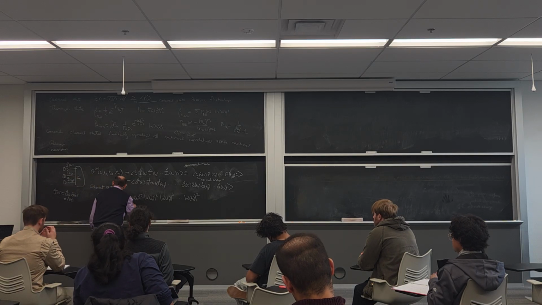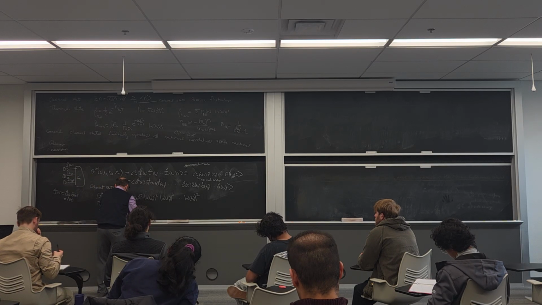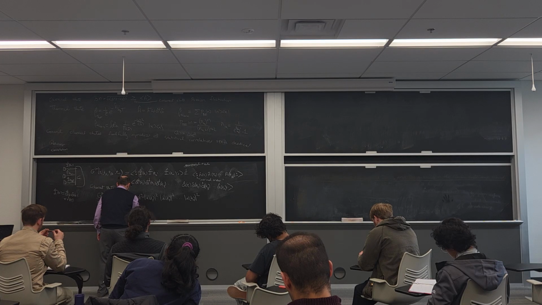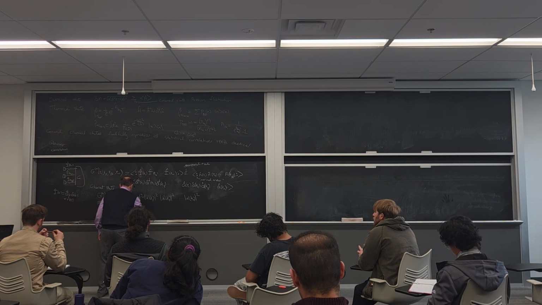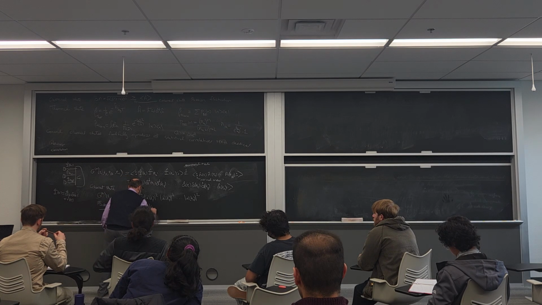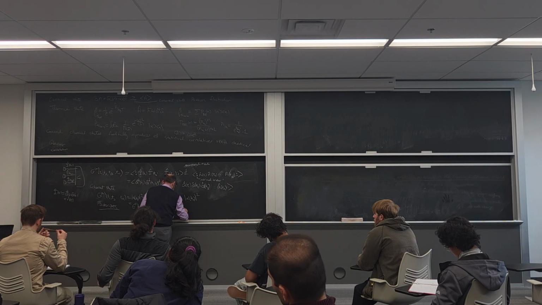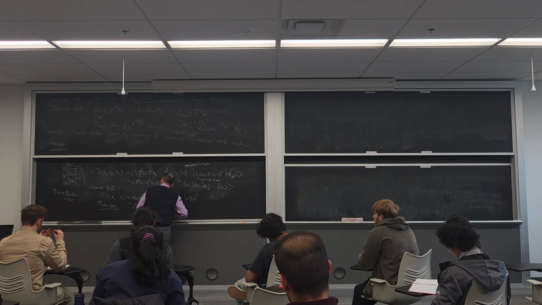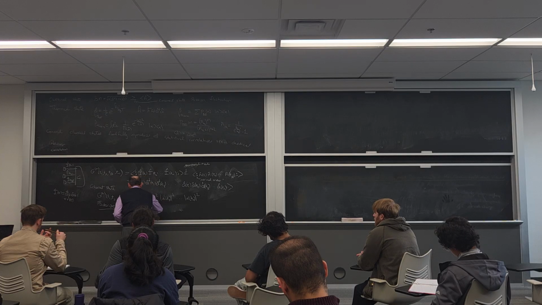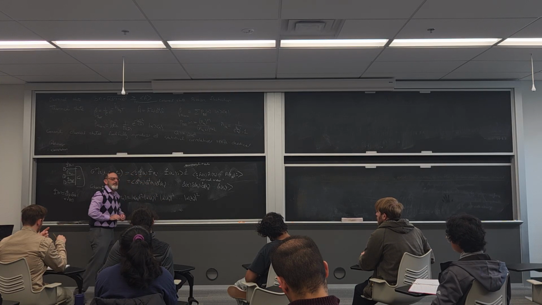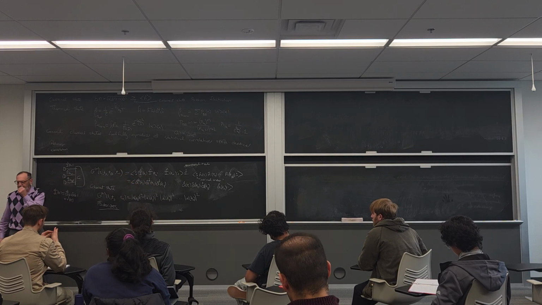This is just equal to the product of G1 at T1, G1 at T2, etc. Well, that's actually not the right way, I should write it right. Just saying it's factorizing.